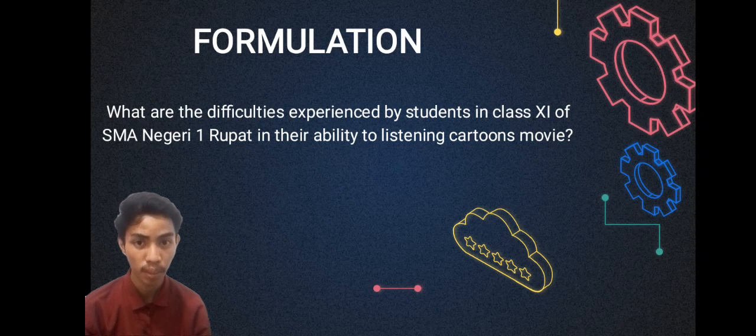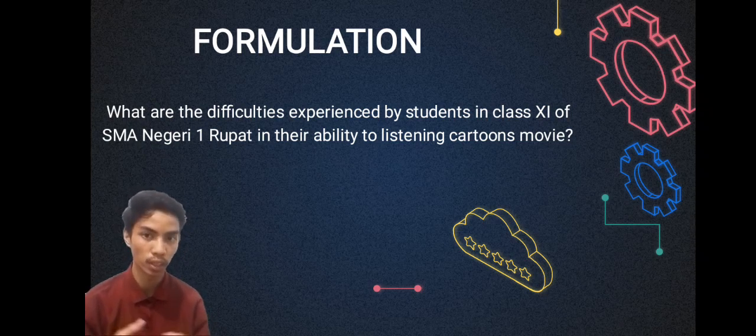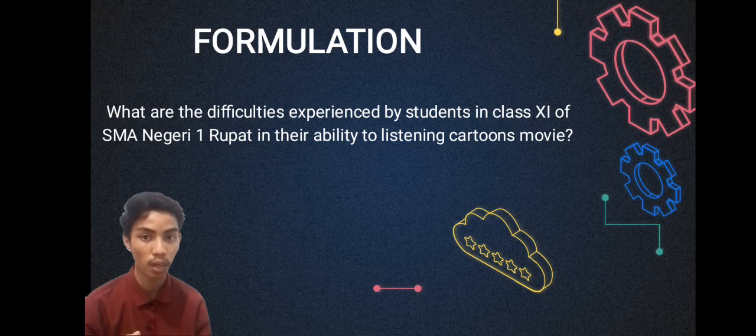B. Why some of the students are not able to answer listening questions correctly. C. Why some of the students are not able to identify certain information in the cartoon movie listened to. And D. Why some of the students are not able to identify the events in the cartoon movie listened to.